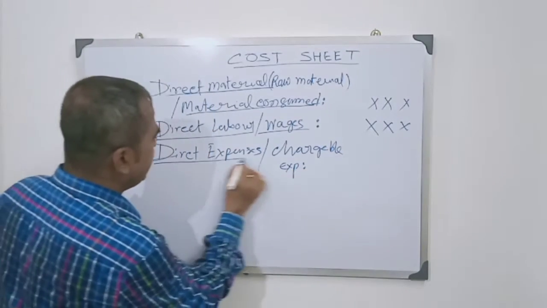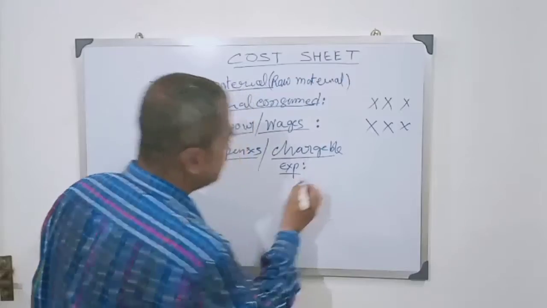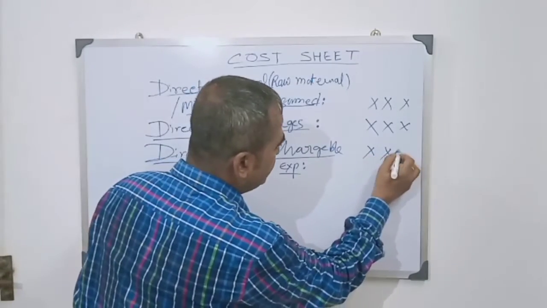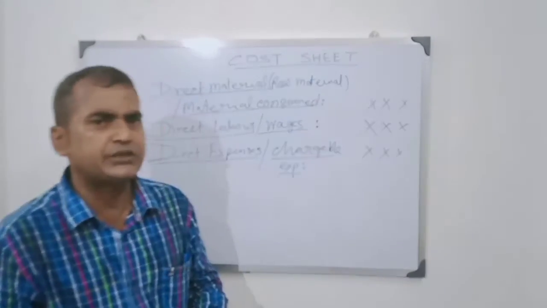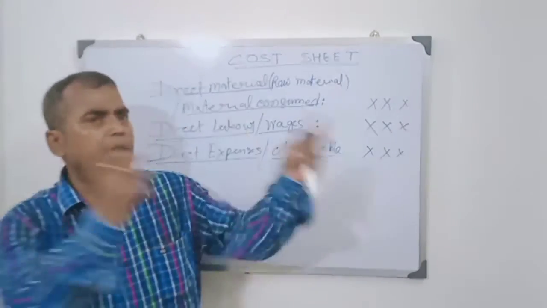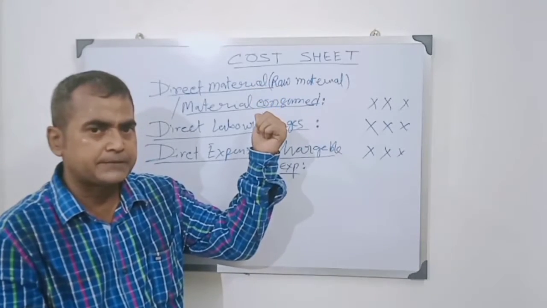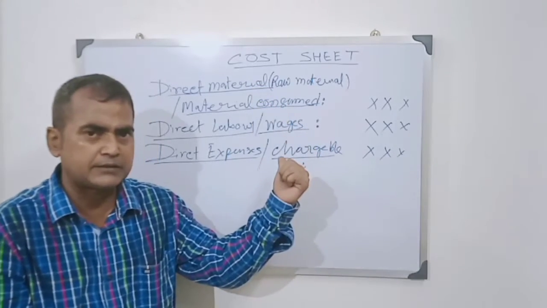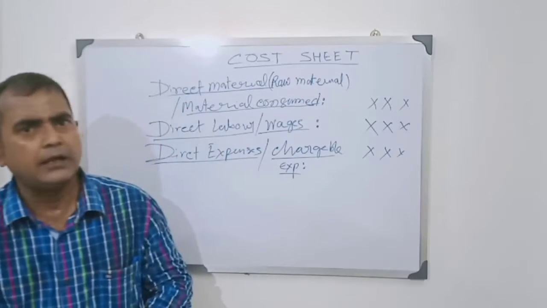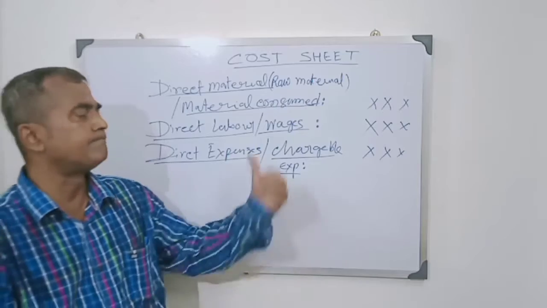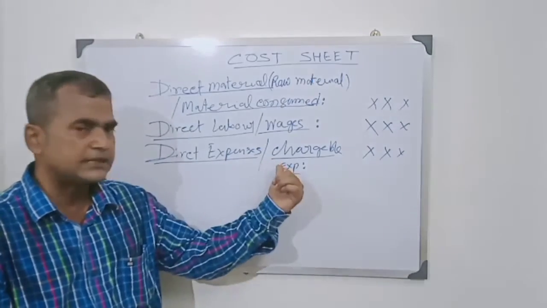So if you are given direct expense or chargeable expense, obviously under this head, apart from this, you might be given items such as hire of special machinery for producing this particular product, or hire of some software. That is direct expense.